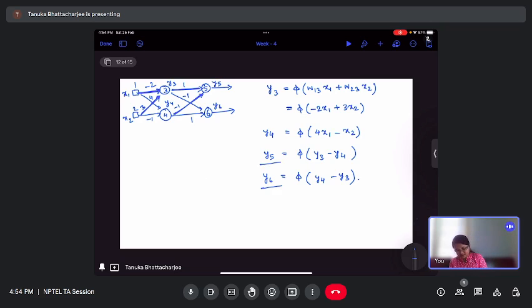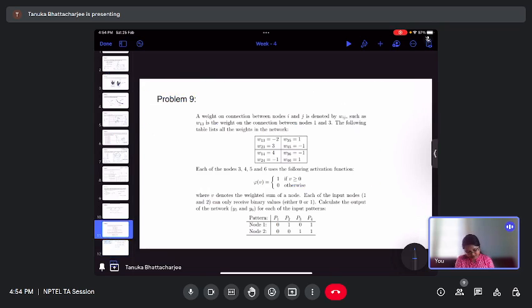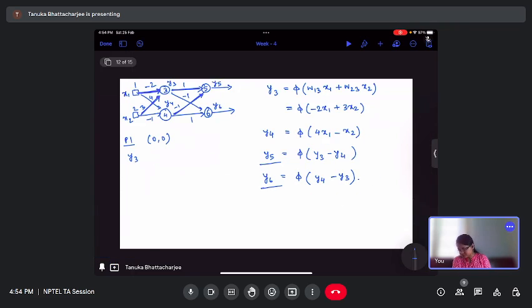Now, let us take the first case. Let us say point P1 is your 0 0 point. So, when you have this 0 0 point, your y3 will basically be phi of 0, and the phi function that we have defined is 1 if v is greater than or equal to 0. So, phi of 0 is 1.